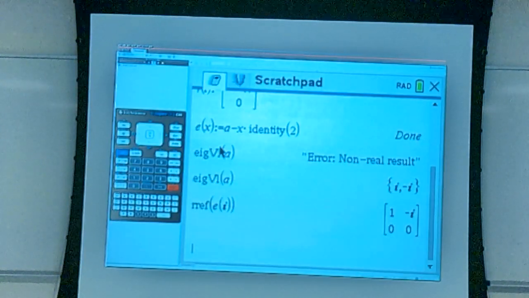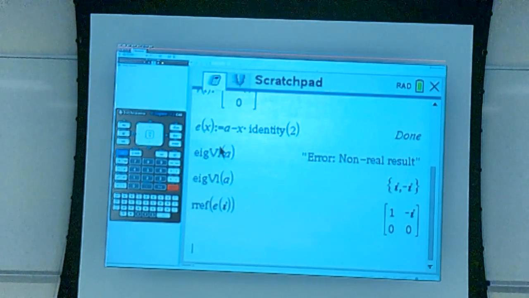Which can be split into 0, 1 plus 1, 0 all times I. Remember the purpose of doing that. The real component is B1, the imaginary component is B2.